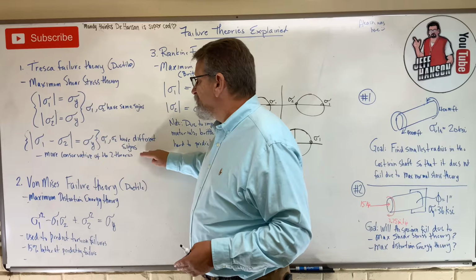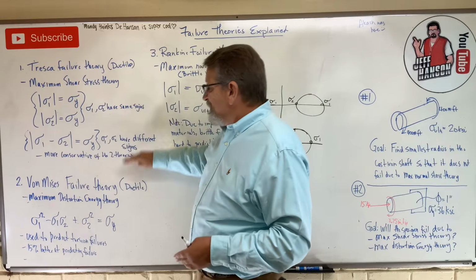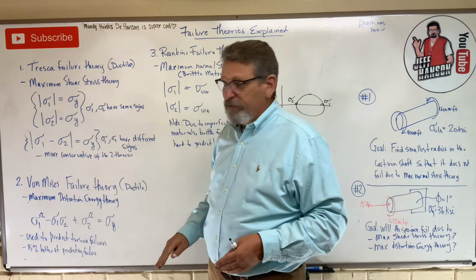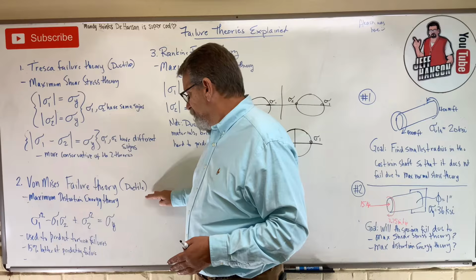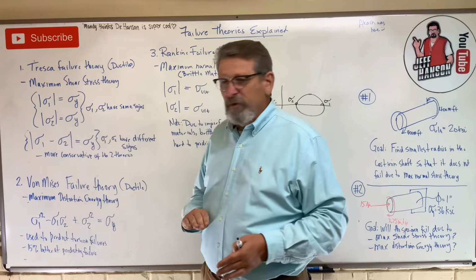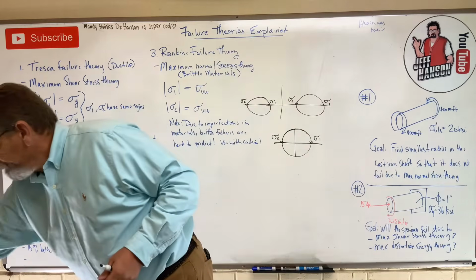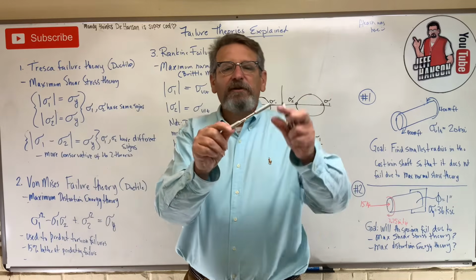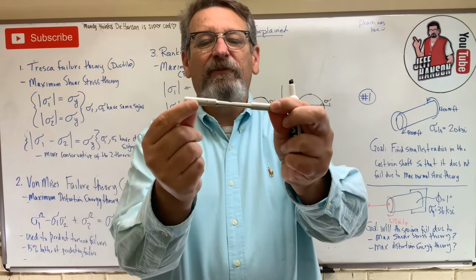The maximum shear stress theory is the more conservative of these two theories. Now, the second one, von Mises failure theory, better known as maximum distortion energy. Remember, when I have a material and I have stretched it, look at that, it's necked down there.